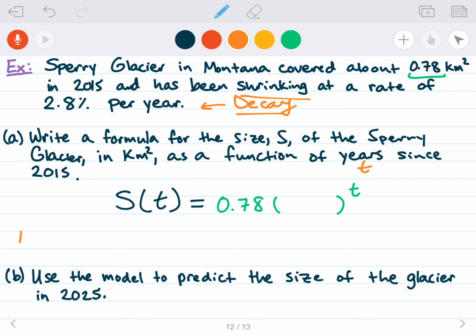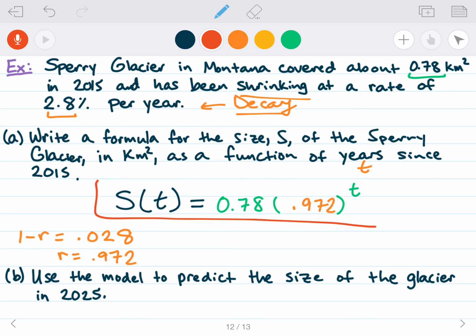So we have 1 minus r equals 2.8%, but I'm going to write 0.028 because we want to write that as a decimal. So basically I'm just doing 1 minus 0.028 when it's all said and done. So that's going to give me 0.972. So that's what goes in here. All right, beautiful. So we have our model for how our glacier is shrinking since 2015 when it starts.